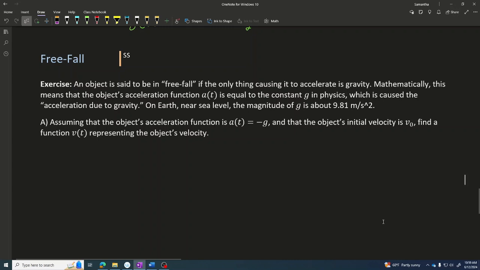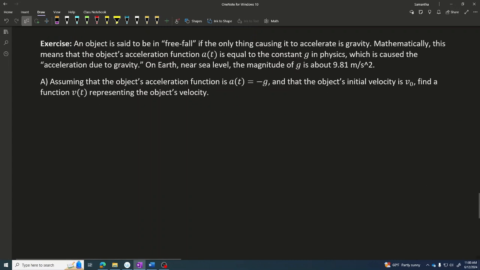Now, if you have an object falling in a vacuum, let's try mathematically to find the function that predicts the object's position at any given time. This is an extremely famous physics equation for the motion of an object falling in a vacuum.